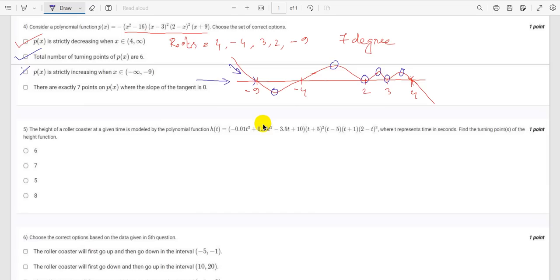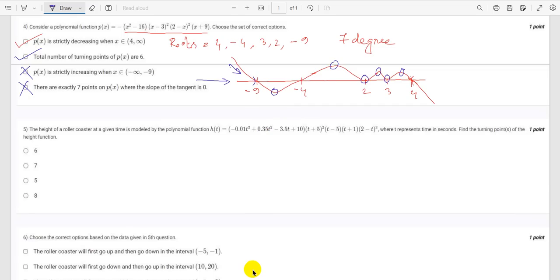So it's not a correct option. There are exactly 7 points of p(x) where the slope of the tangent is 0. We know that at the turning points the slope becomes 0. So there are 6 turning points, so at 6 points the slope of the tangent is 0, not 7. So it's not a correct option.